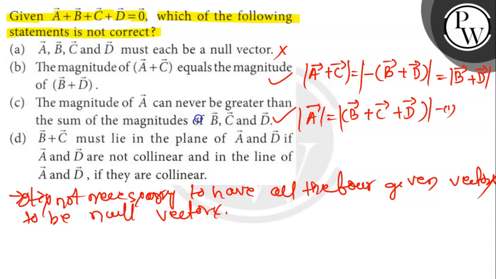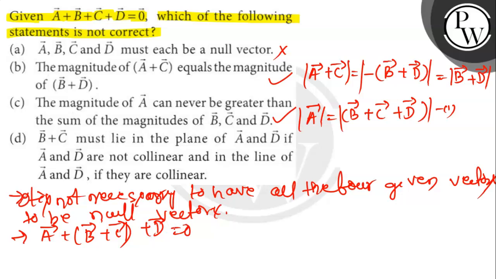Okay, statement D says b vector plus c vector must lie in the plane of a vector and d vector if a vector and d vector are not collinear, and in the line of a vector and d vector if they are collinear. According to a plus b plus c plus d is equal to 0, a vector plus in bracket b plus c vector plus d vector is equal to 0.